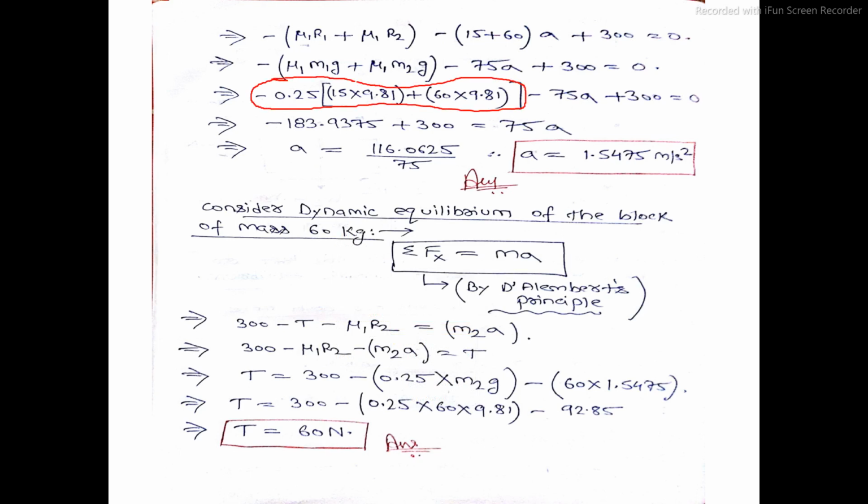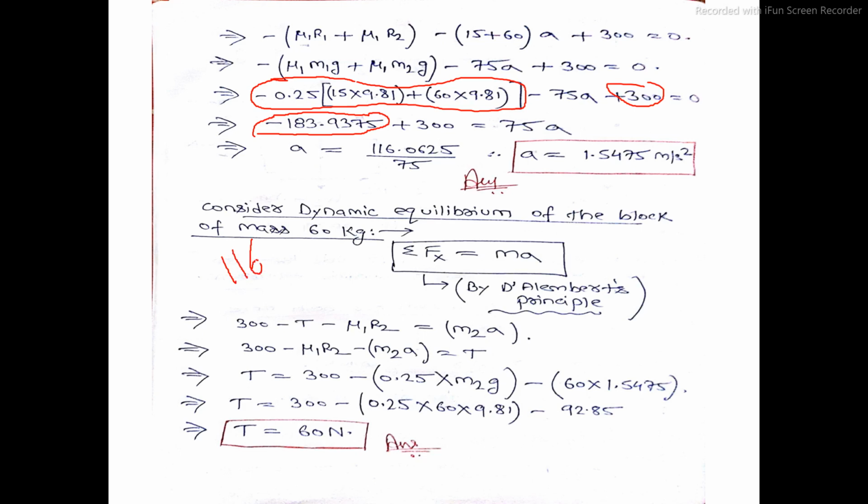Once you solve it, what you will get? You will get minus 183.9375 plus 300, and this minus 75a, we have taken it on the right hand side, it will be plus 75a. So minus 183.9375 plus 300 is how much?